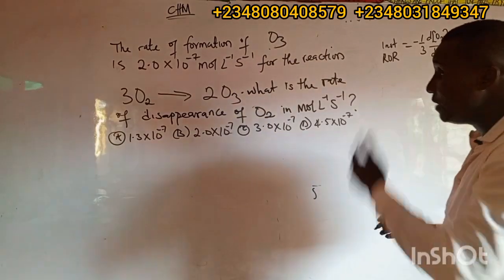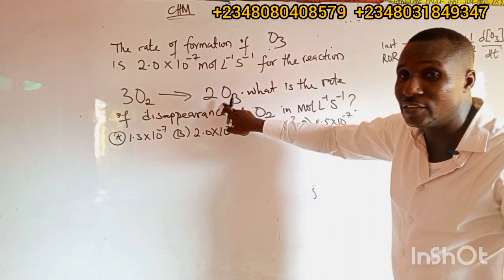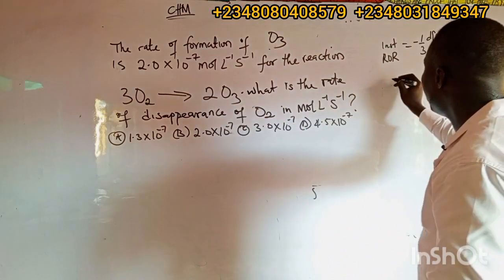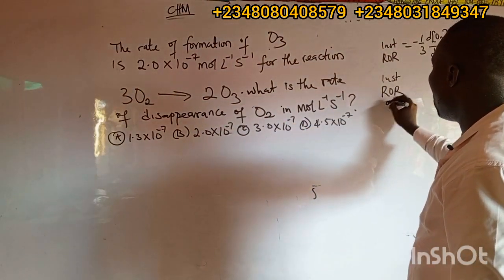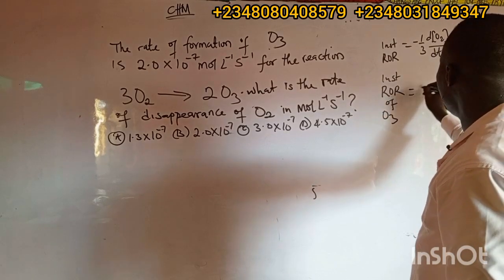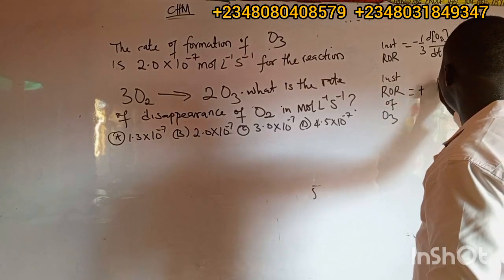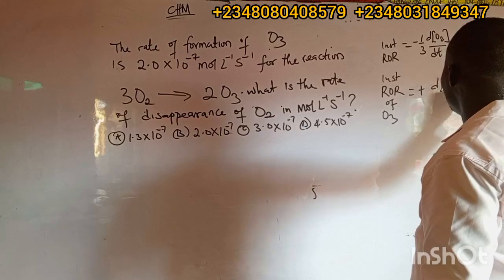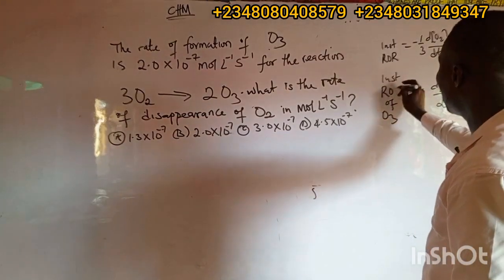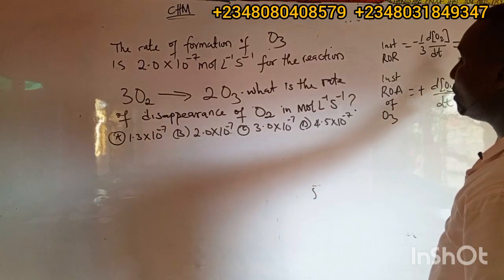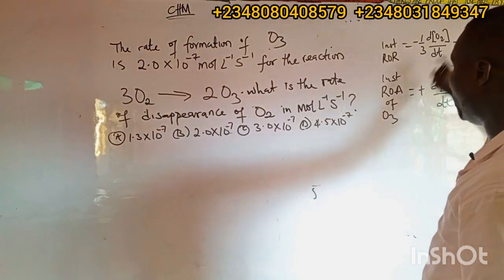Then the instantaneous rate of appearance of O3 will be plus dO3/dt. For rate of appearance, we don't need the stoichiometric coefficient.